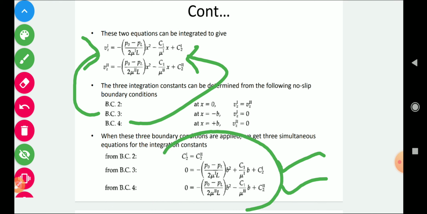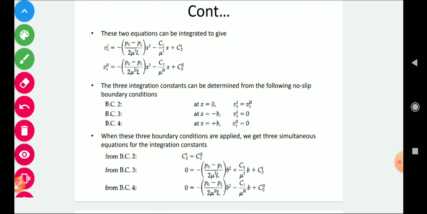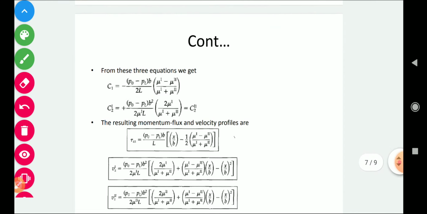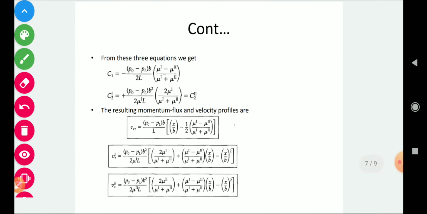So now we have these three equations. With the help of these we can calculate the three constants, and finally this is the value of C1 and C21, which is ultimately equal to C22.